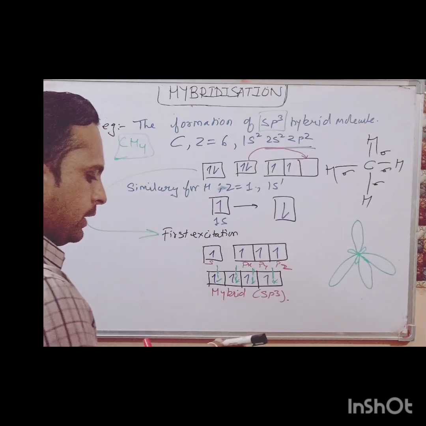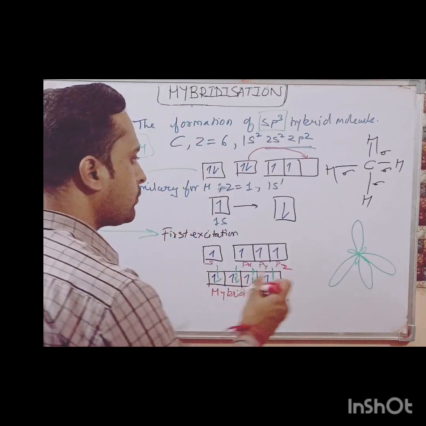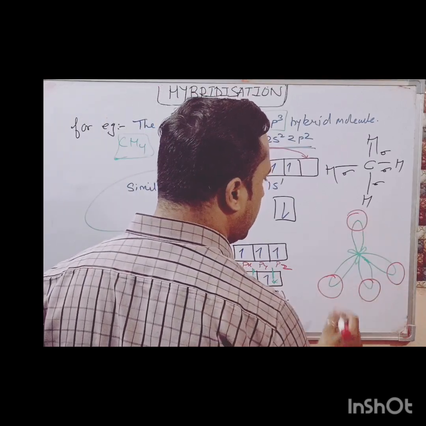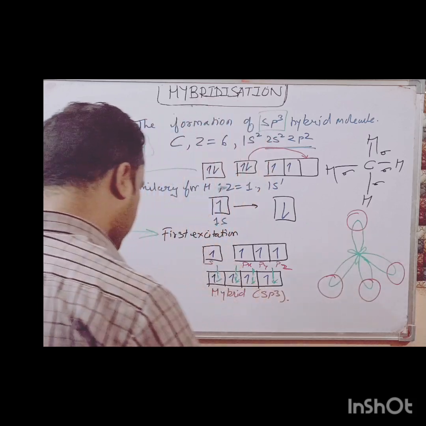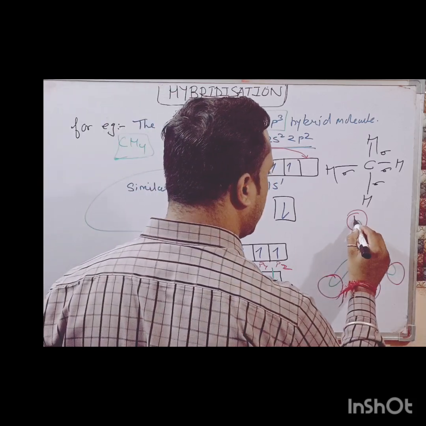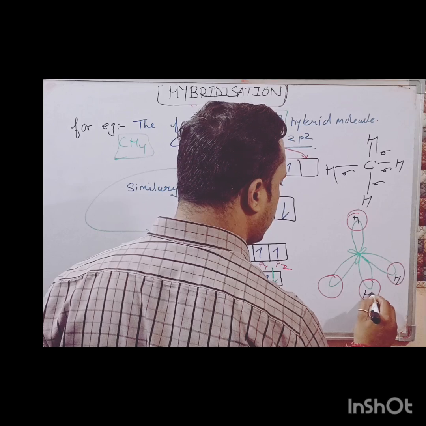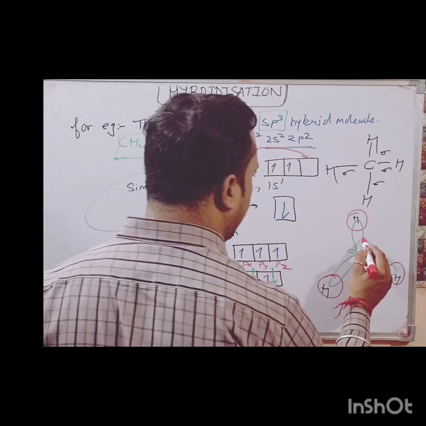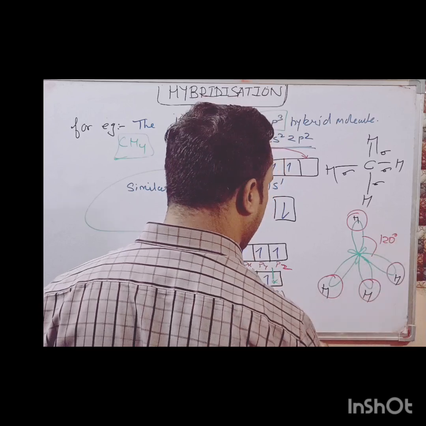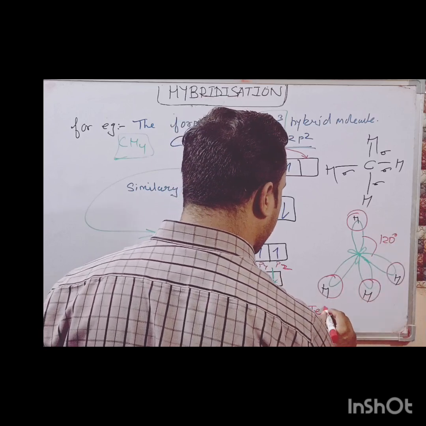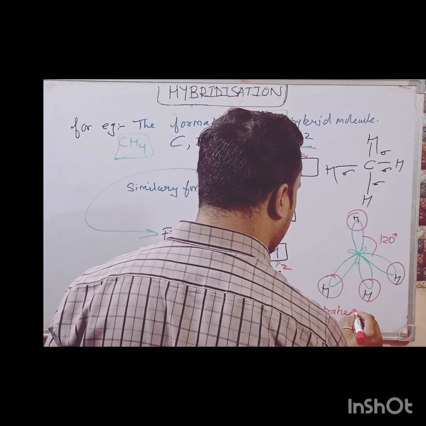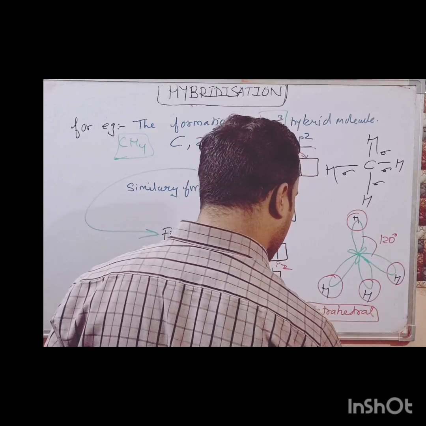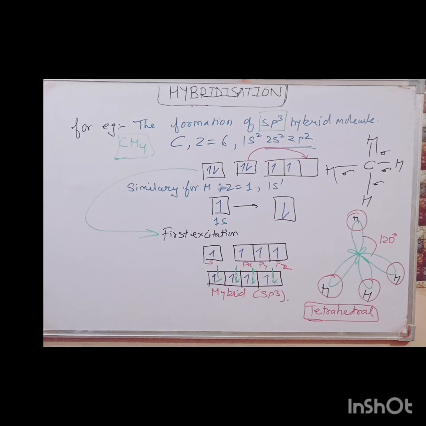These are all sp3 orbitals, and the s orbitals of hydrogen 1, hydrogen 2, hydrogen 3 and hydrogen 4 bond with them at the bond angle. This is the tetrahedral geometry.